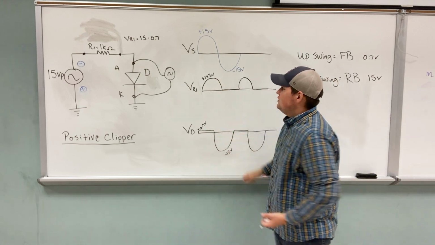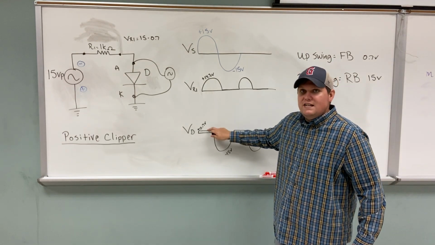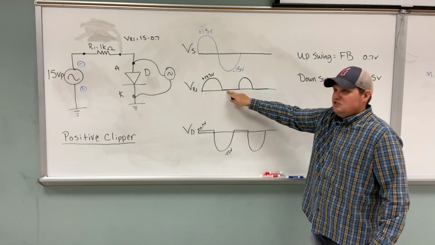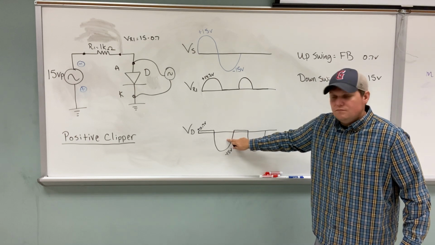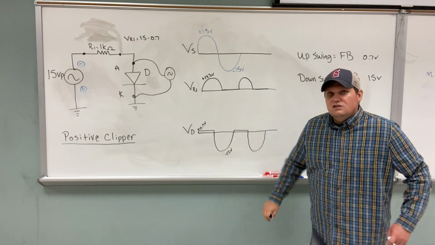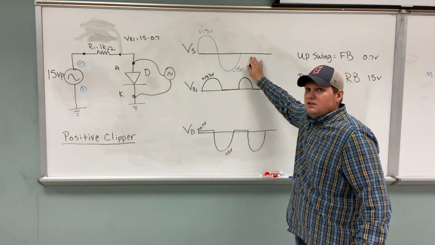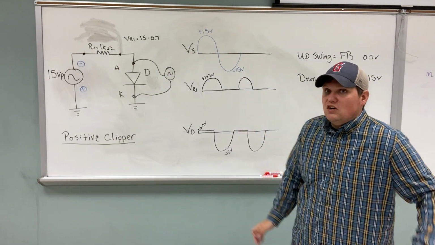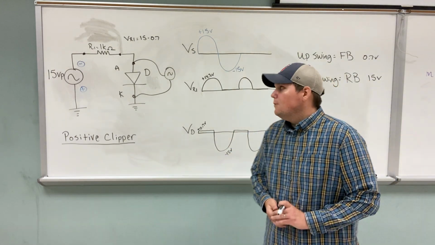If I slide those two together, what do I have? 14.3 plus 0.7 is 15. I'm 0 here because I flatlined. But what am I right here? 15. So essentially, if you slide those two waveforms together, you get the complete waveform here. Okay? It's a series circuit, so just like anything else, voltage adds up.